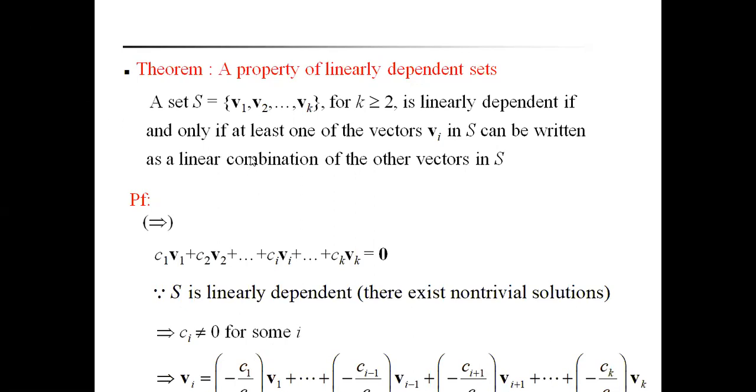Therefore, if any vector Vi in S can be written as a linear combination of the other vectors in S, then the set is said to be linearly dependent. It is one of the important theorems regarding linearly dependent sets.